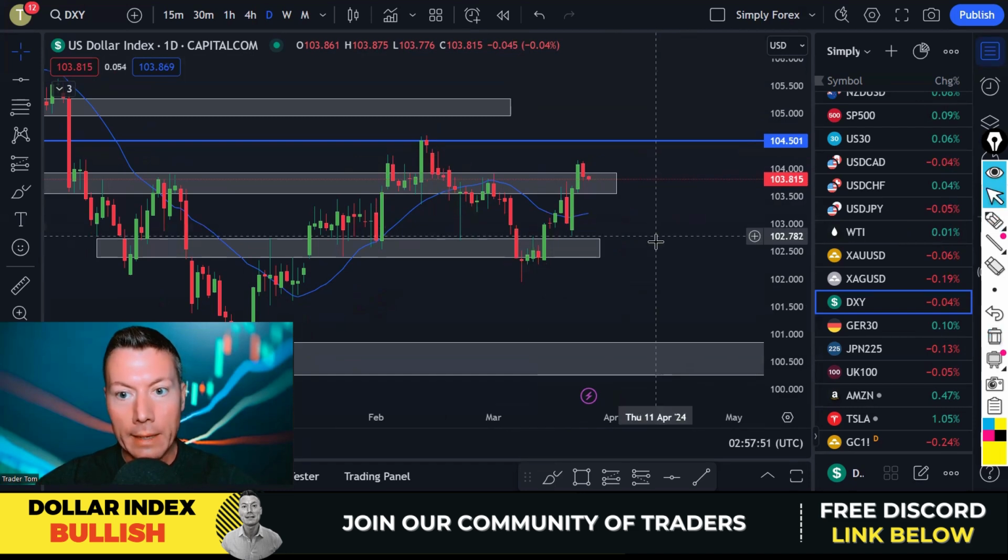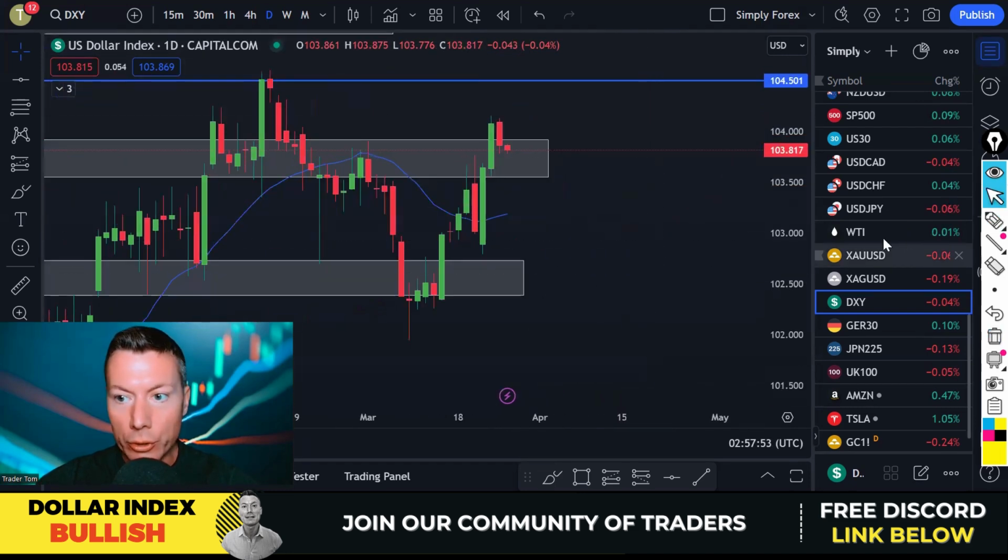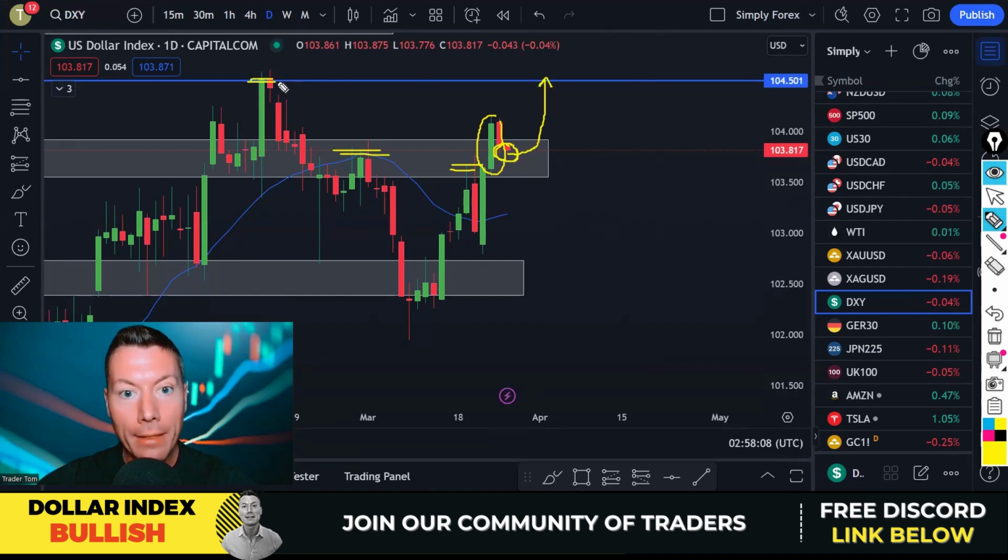All right. Now, if we zoom in a little bit, you can also see that this bullish candle has broken these highs, and it's in a nice zone, a support and resistance zone, to push up to the next high, right? So at the very least, looking at the dollar index, we have US dollar strength up to here, right?